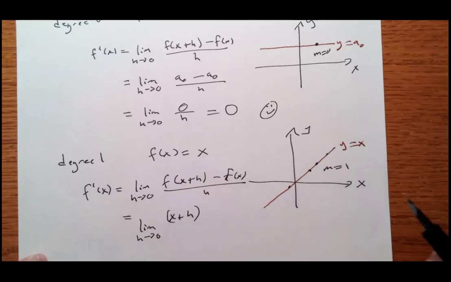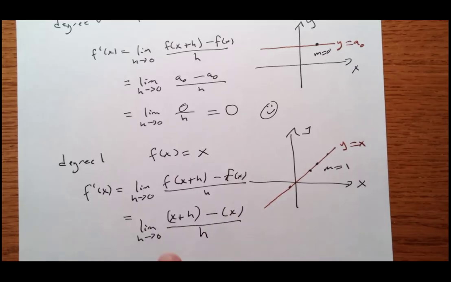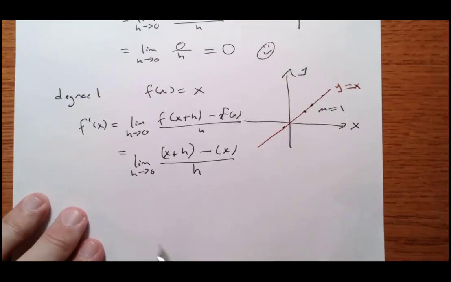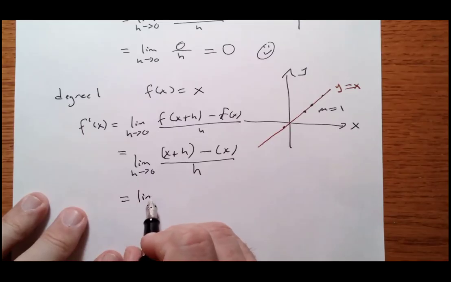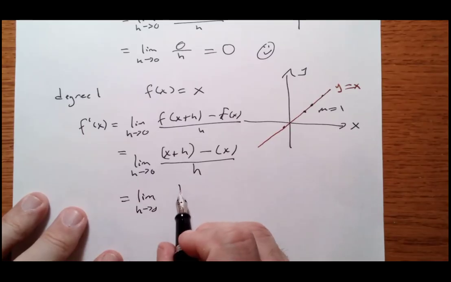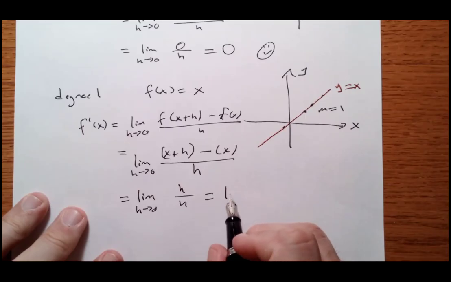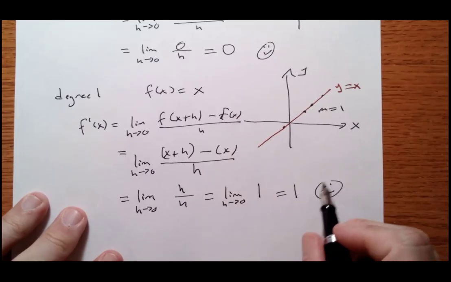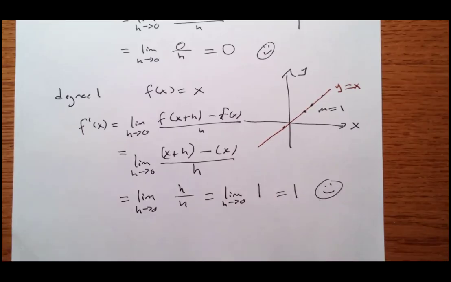So if I put in that, I get out that. Here I just put in x, so I get out x. What happens to these x's? Poof. So if the x's cancel, I'm left with the limit as h goes to 0 of h over h. But wait a minute, that's always 1, regardless what h is doing. This is a constant. The limit of a constant is that constant. We did it again.